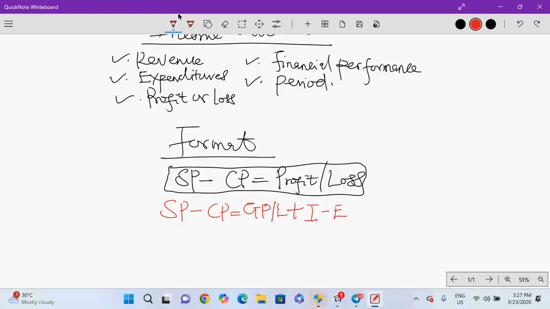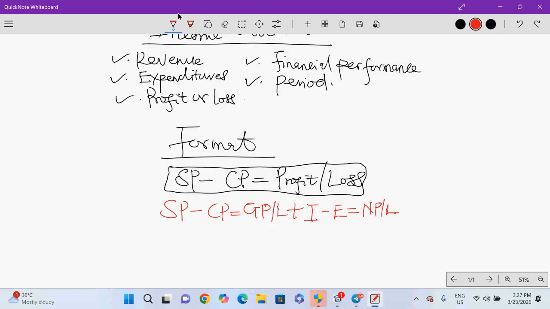Any operating expenses such as any salaries and wages that you pay to your employees, any insurance that you pay for your employees, or any other normal general expenses that you incur, right? Then this would lead to your net profit or your net loss.